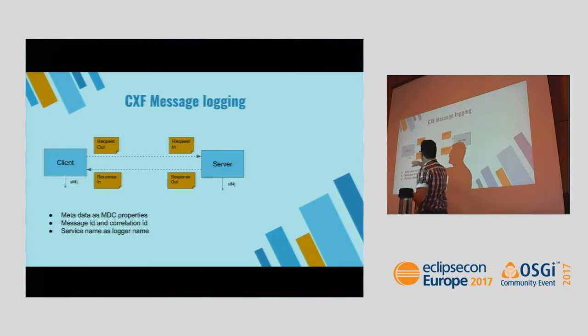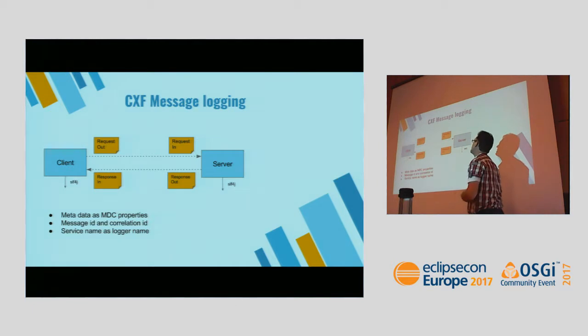So additionally, it provides support for message IDs and correlation IDs. Message ID means when a client sends out a message, a client message ID for this message is created. It's a unique ID. It's added to the request, and when the server receives that request, this message ID is still present and will be taken and also logged on this side. So you can always say the message sent out here is the same that's received here, so you can correlate these two.